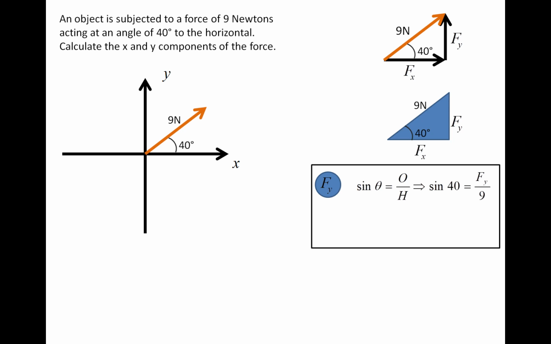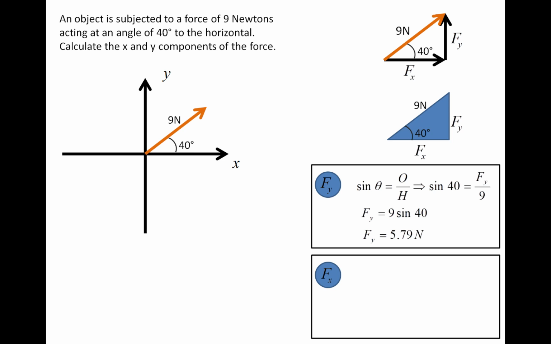That can be formed as sine of 40 degrees is equal to Fy, which is the opposite, divided by 9. When we rearrange the equation, we find that Fy is equal to 9 sine 40. Finally, plugging that into our calculator, we find that Fy is 5.79 newtons.